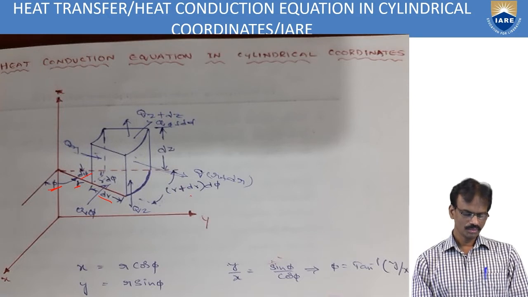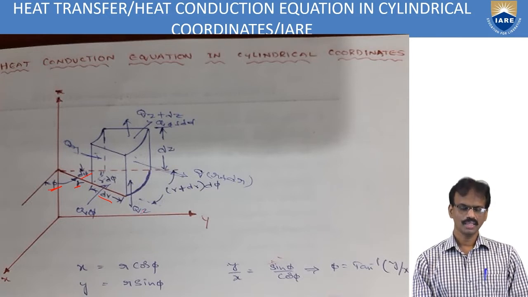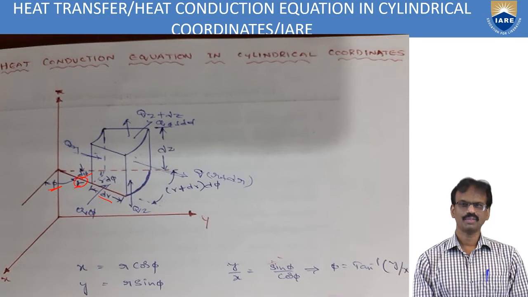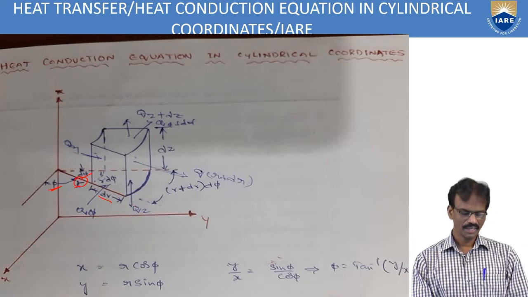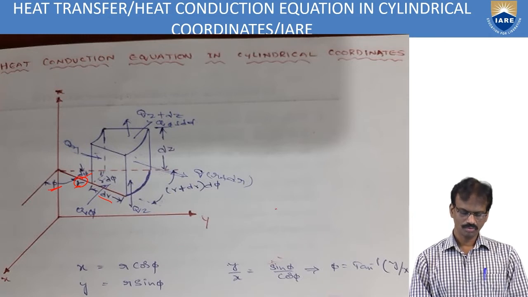Similarly, heat transfer takes place with respect to r. So this makes an angle with the x-axis and y-axis. We can write like this. This r makes an angle phi with the x-axis.